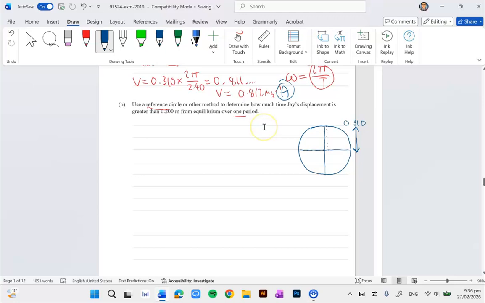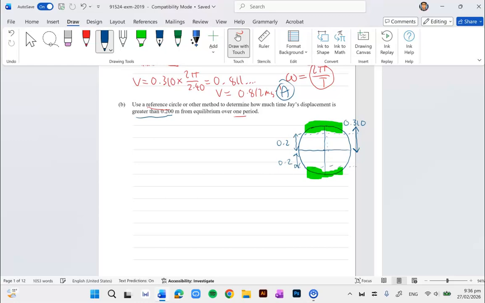So we can roughly estimate 0.2 meters is going to be maybe around this tall. I'll just sort of do that. And that's also down here as well, another 0.2. So we need to find the time in this section here and this section here, because these are the parts of the circle that are greater than 0.2.